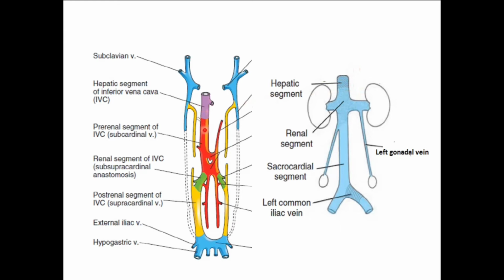but there are certain pre-renal segment, then renal segment, and post-renal segment. The pre-renal is same as that of the renal segment. They have shown that it is derived from the subcardinal veins.